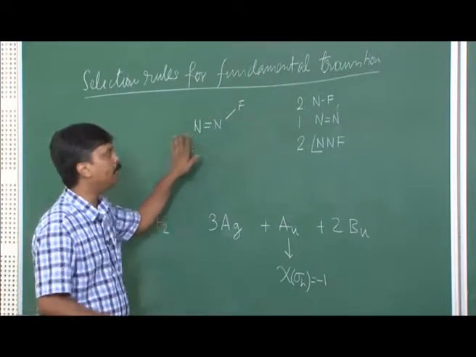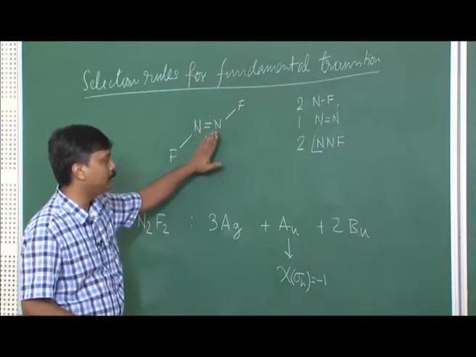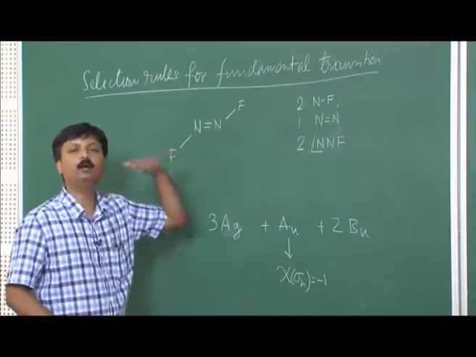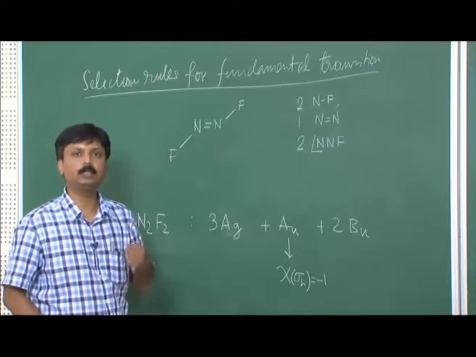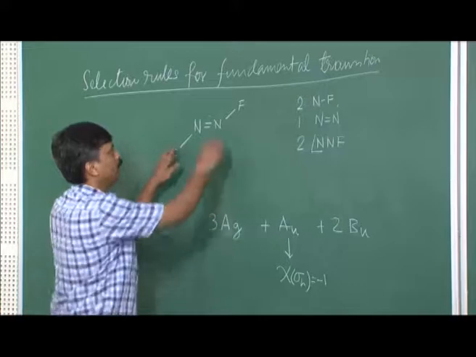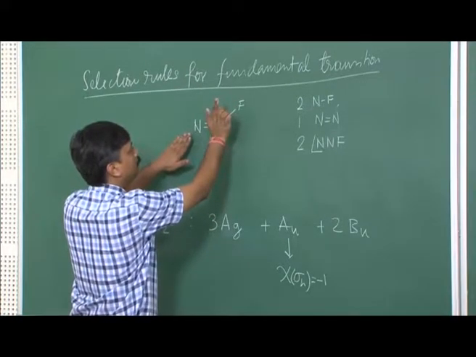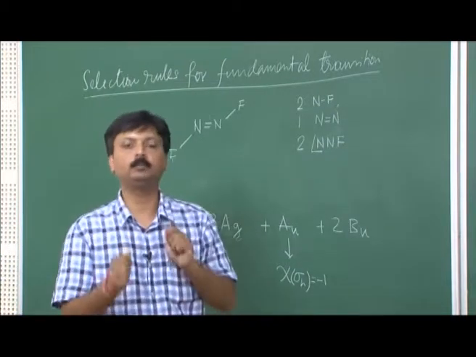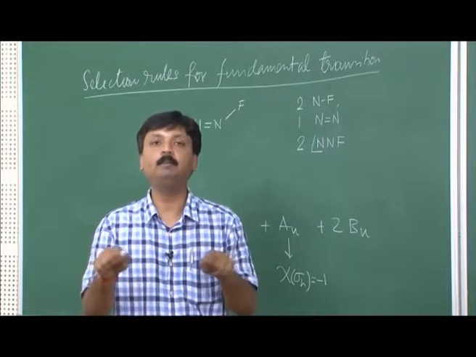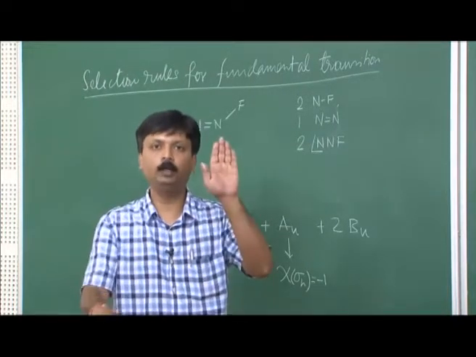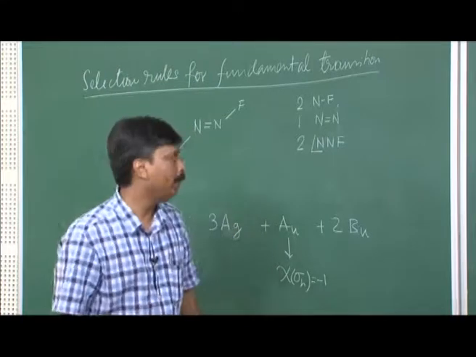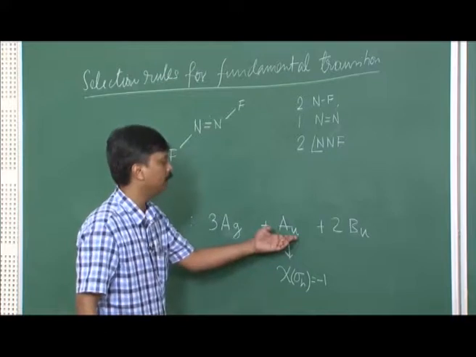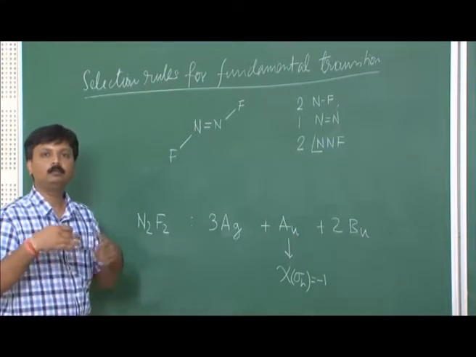Now, we started with a planar molecule, and now I have a situation where sigma h produces -1 as the character. That means that one of these bonds is upward and one of the bonds is downward, meaning that the motion of these bonds is not in plane, rather it is out of plane. So, to start with, I can ascribe this one as out of plane bending.